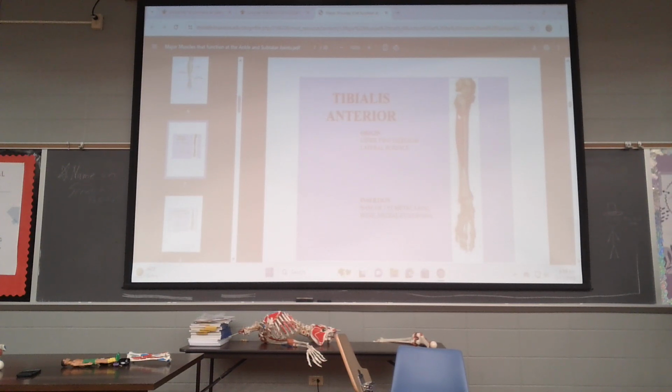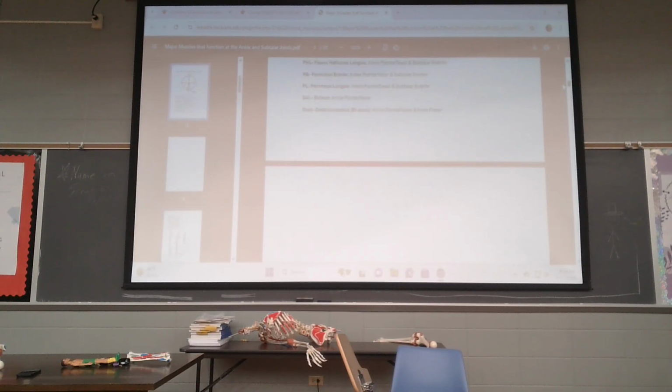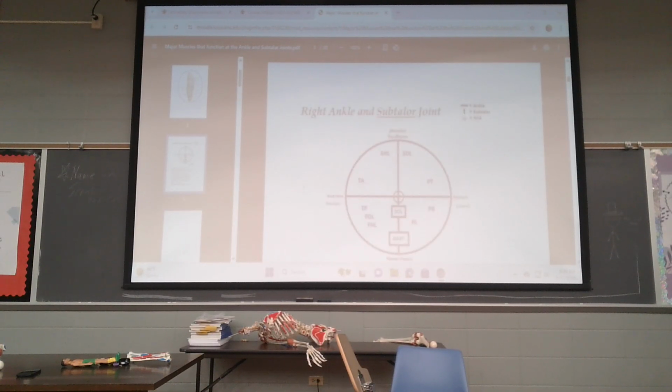So following it down, lateral, lateral, lateral, lateral, lateral, curve, crosses medial. Dorsiflexor, invert. Dorsiflexors, tibialis anterior, check. Extensor big toe, hallux, check.